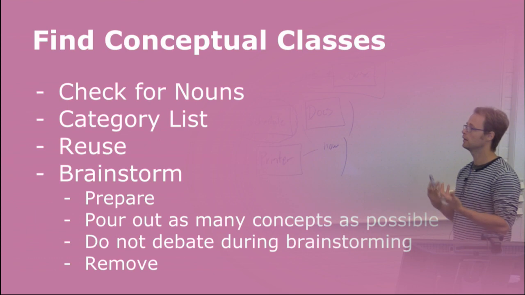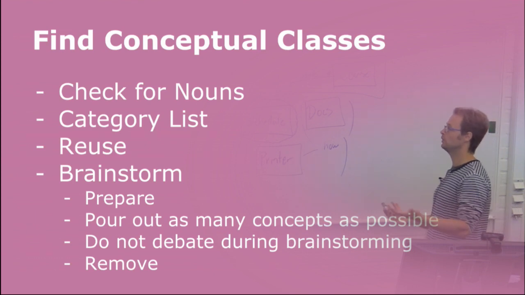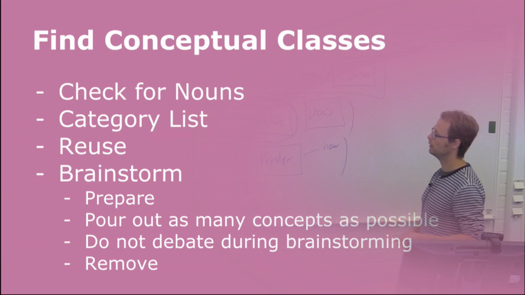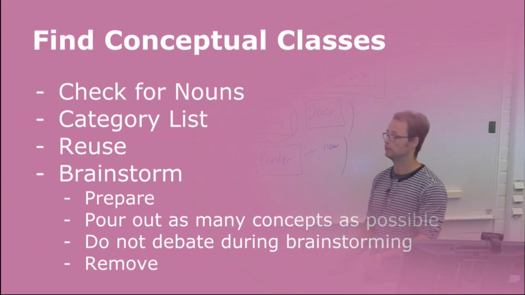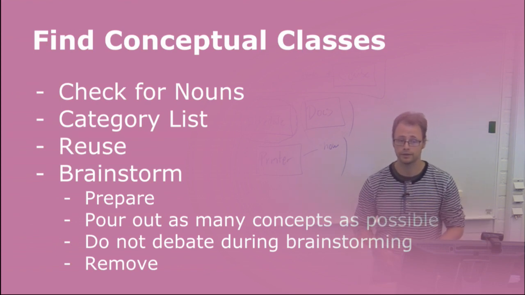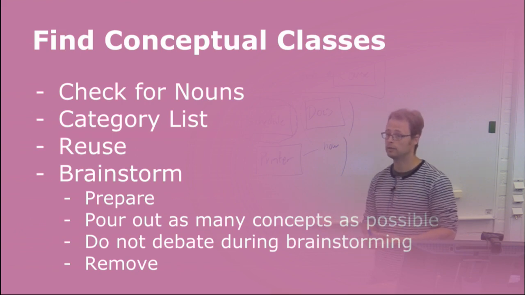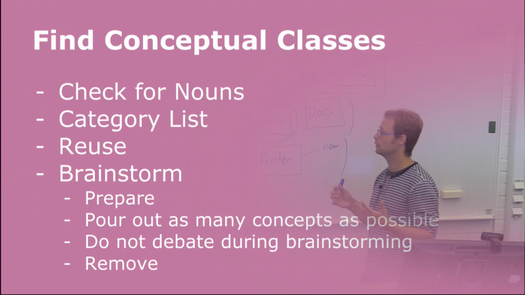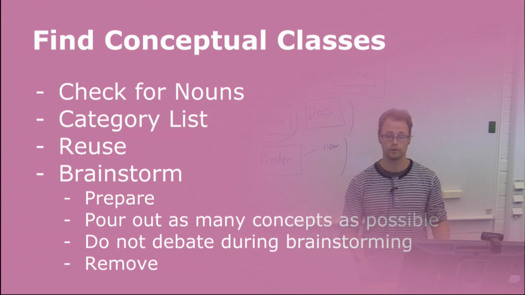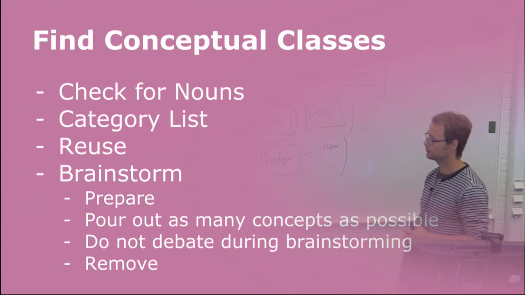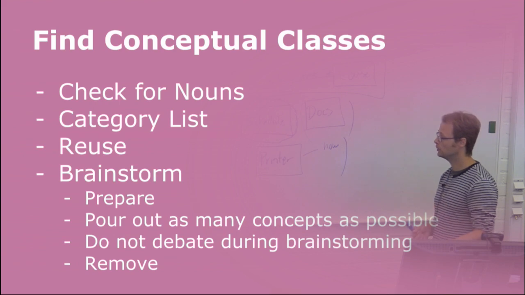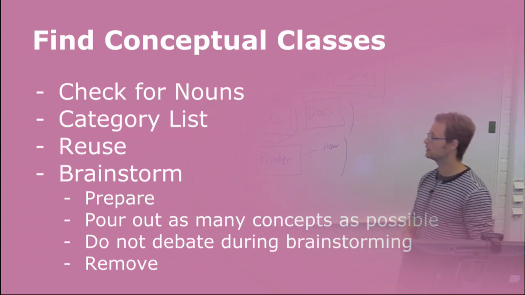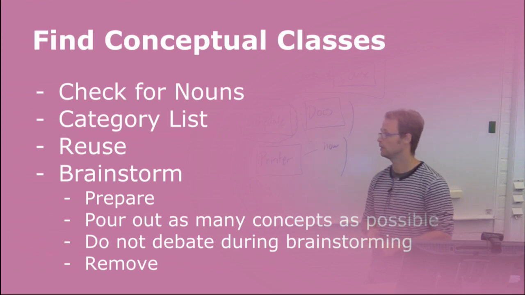So when you're doing the first workshop in a group, you prepare individually by reading the theory, looking at the lectures, reading the assignment itself, looking at the problem description, looking at the requirements that you are supposed to do for grade number 2, and then you gather and you pour out as many concepts as possible.